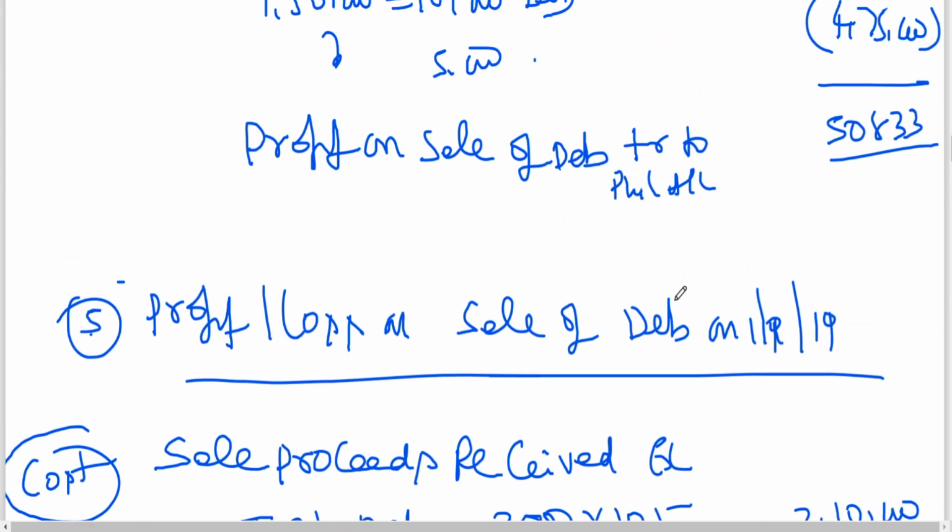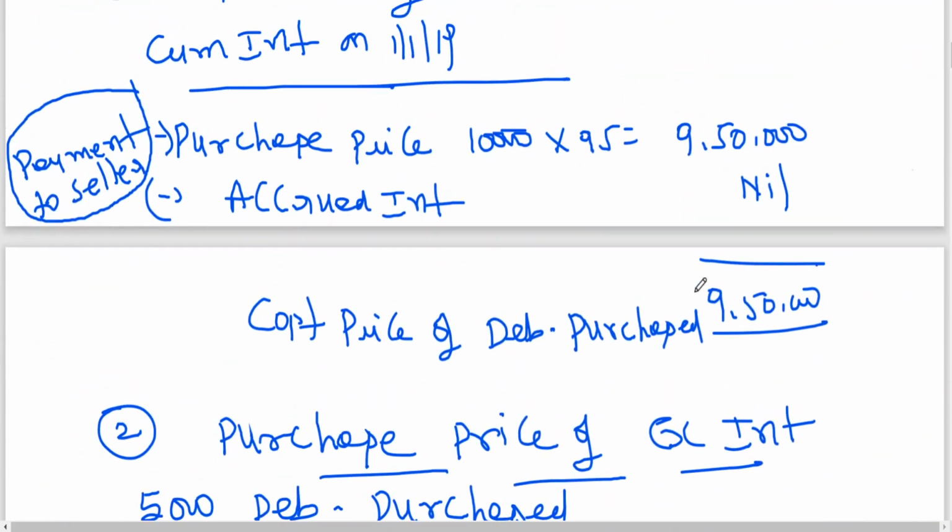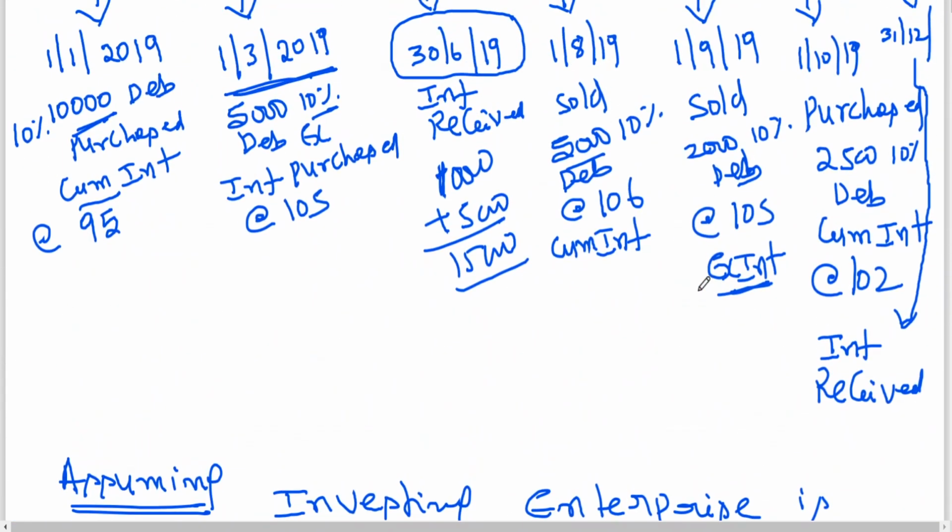Okay. Last point, 7th working note. Working notes 1, 2, 3, 4, 5, 6, 7. On 31st December, the company has received interest.